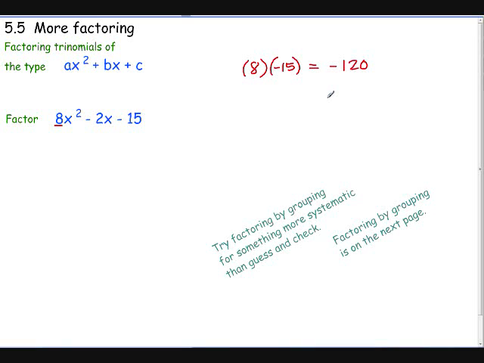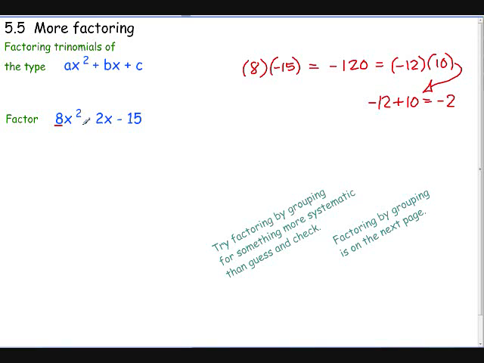Now, how could we factor negative 120 so that when we add the factors together, so if I said negative 12 and a positive 10, when I add those together, negative 12 plus 10, I get exactly what I wanted.